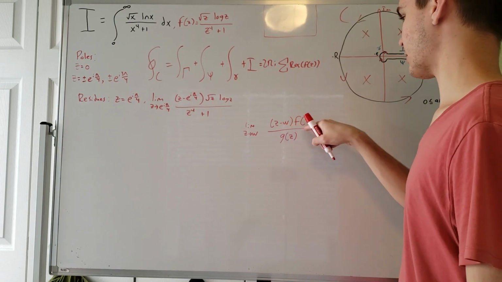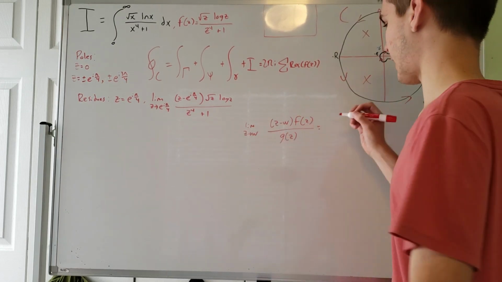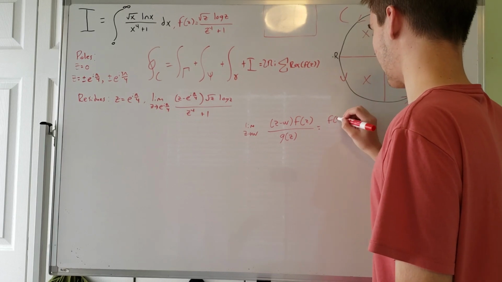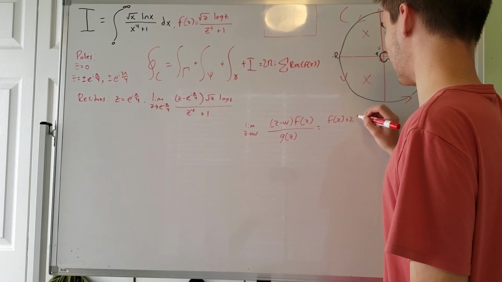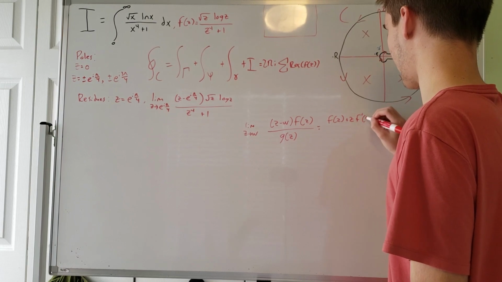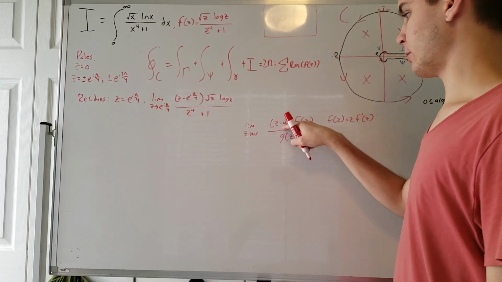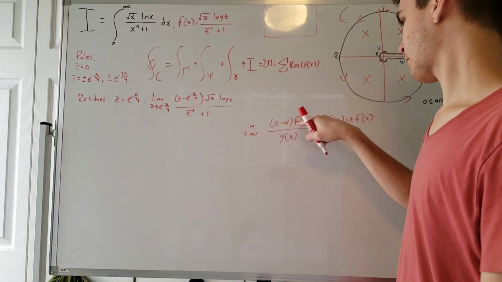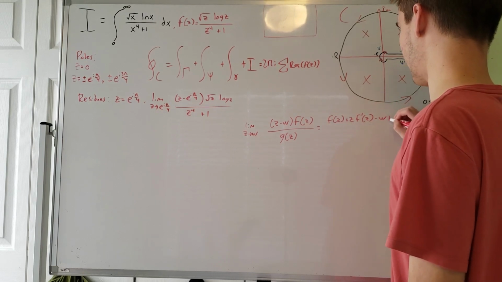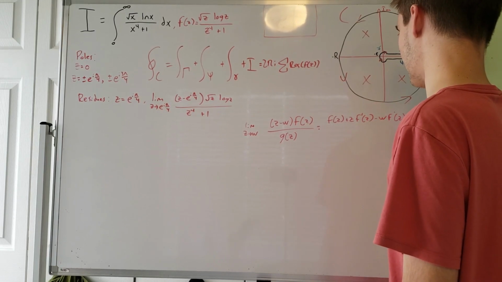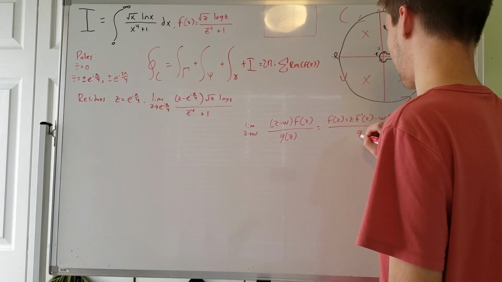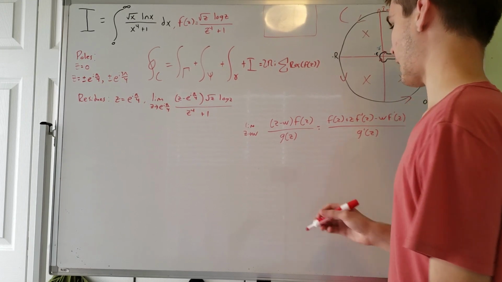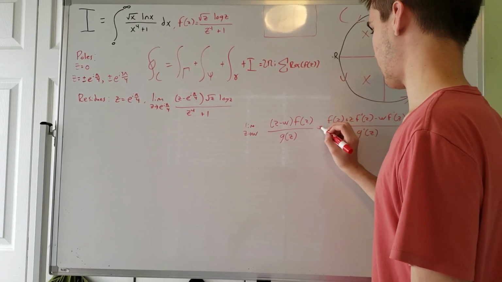When we combine these terms, z minus w times f of z, and we differentiate that, we get f of z plus z f prime of z. And then this w is just a constant, so it's just going to be minus w f prime of z upon differentiation. And then we have g prime of z on the bottom.